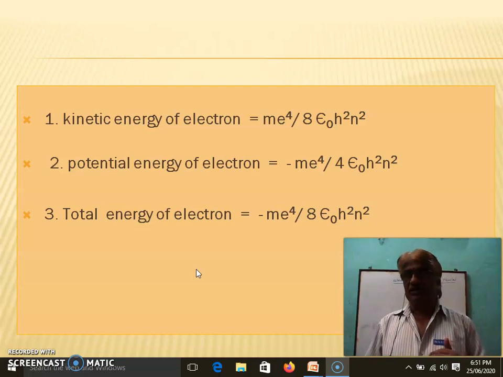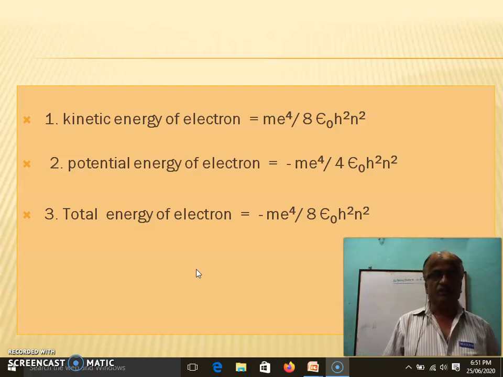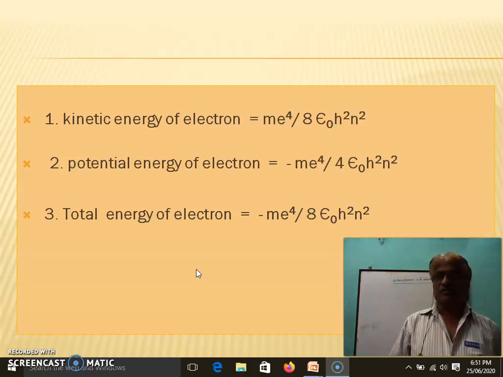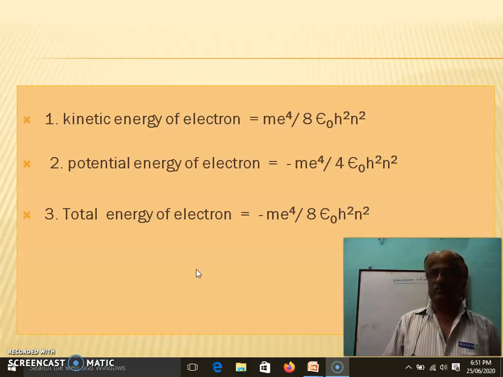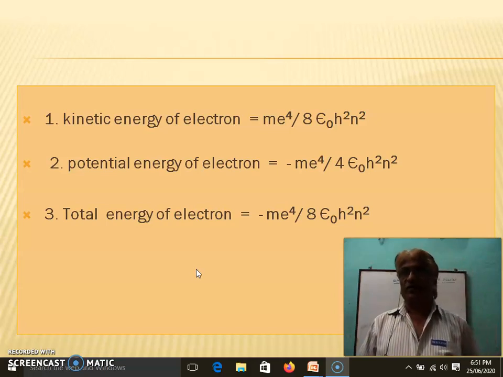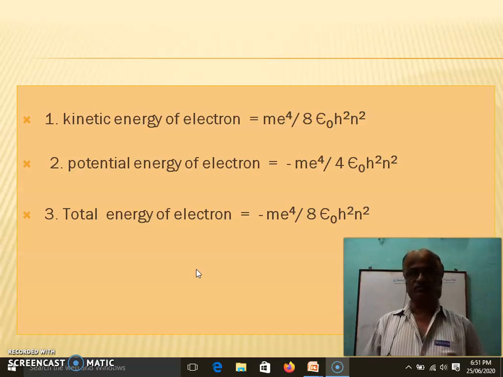The displacement of the electron and the force are opposite in direction, so the potential energy will be electric potential into charge of the electron.